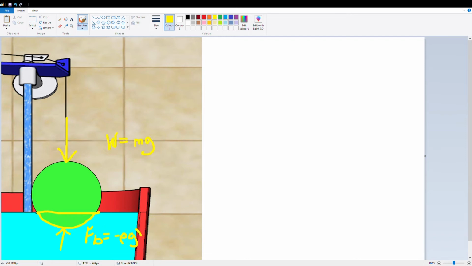And this space is the volume of the displaced fluid right here. As you can see here, the ball is floating. This means that its buoyant force is greater than its weight.